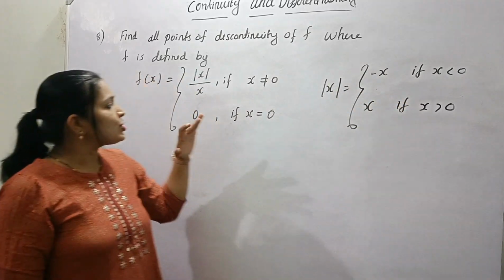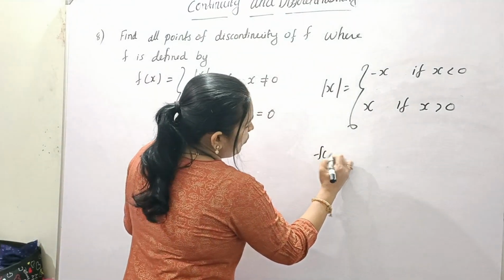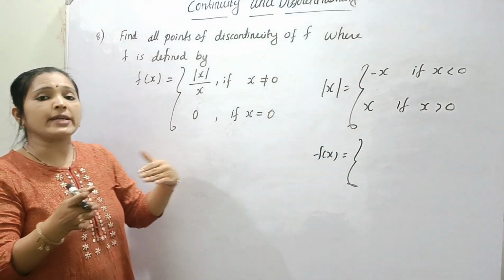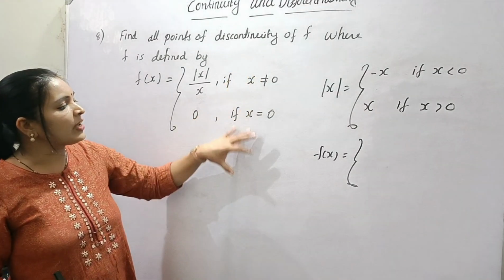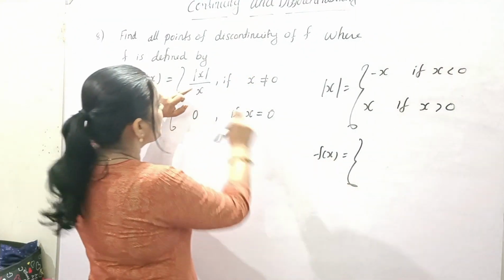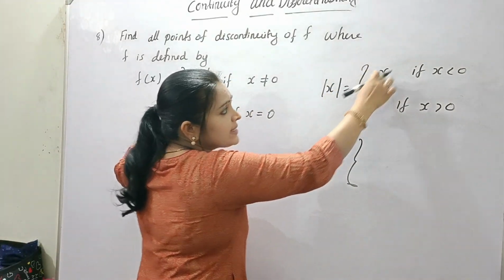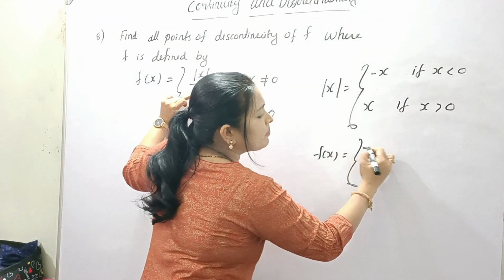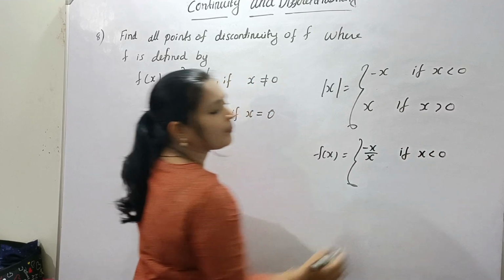So, this function can be redefined as f of x is equal to, here it is not mentioned x less than 0, when x less than 0, when x greater than 0, right? So here we can write f of x is equal to, see modulus x is equal to minus x when x less than 0, right? So therefore f of x is equal to minus x divided by x if x less than 0.